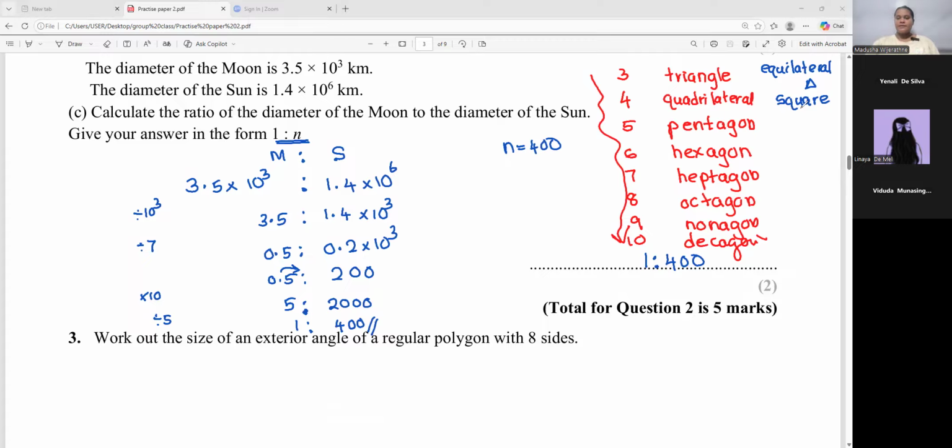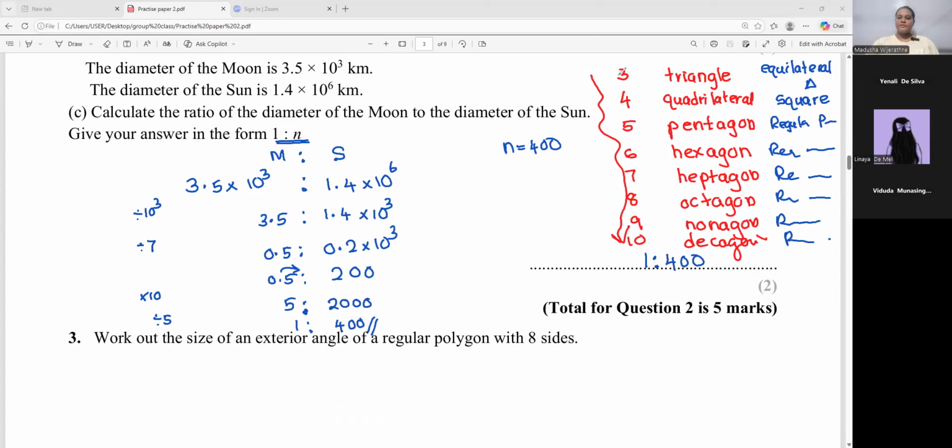One angle is 90 degrees in a square. In an equilateral triangle, one angle is 60 degrees. Interior angle, not exterior. Then pentagon, hexagon, heptagon, octagon, nonagon, decagon. Regular polygon names start with the word regular: regular pentagon, regular hexagon, regular heptagon, regular octagon, regular nonagon, regular decagon.